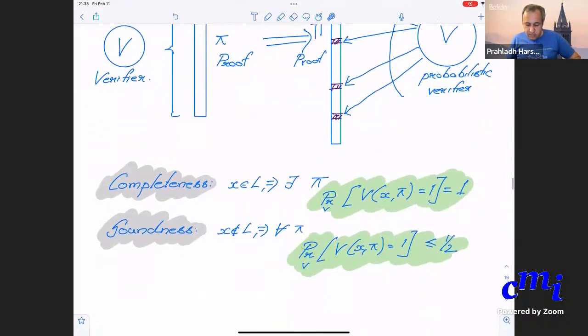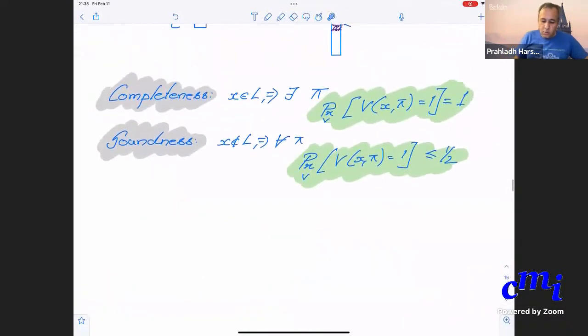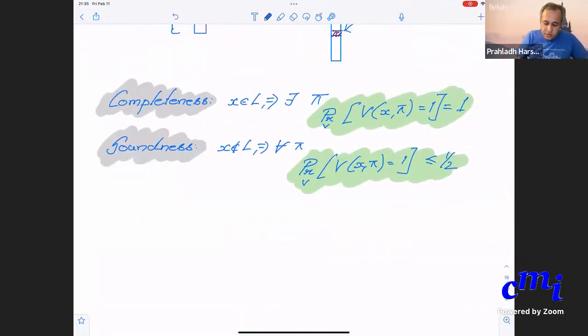So let's write down what the advantages are in this one.